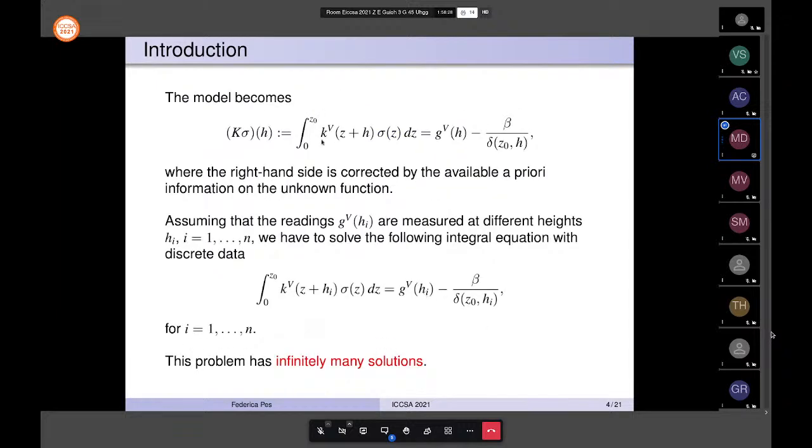So our model becomes of this form. Obviously, in application, the right-hand side is discretized, so we have to solve this integral equation with discrete data. There is an issue because this problem has infinitely many solutions.